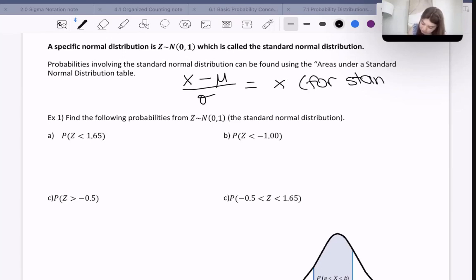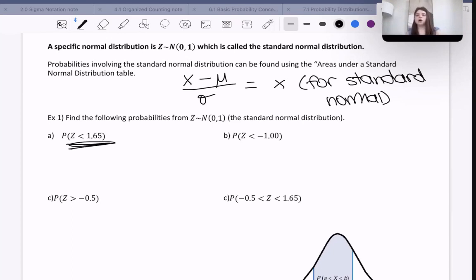And that's why it's called standard normal. I want to point that out because oftentimes students will see z less than this value, and they'll just go straight to this value and find it in the z table, and that will be correct. In these cases, that will always be correct.